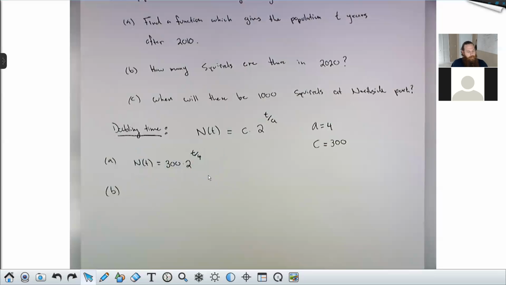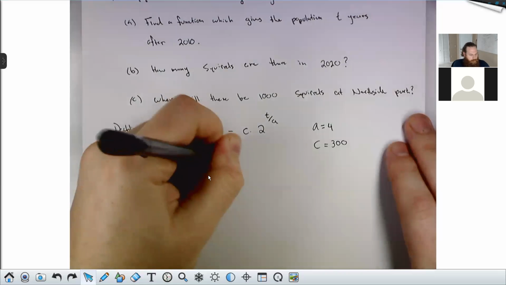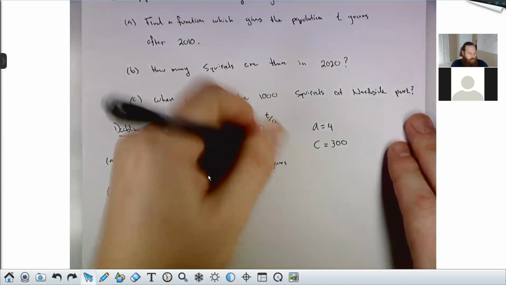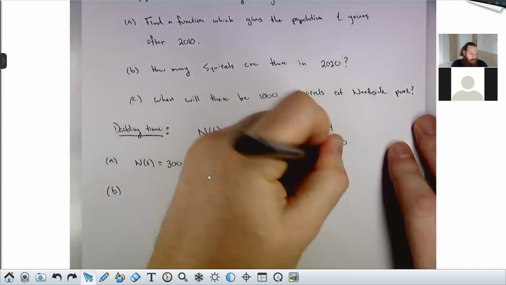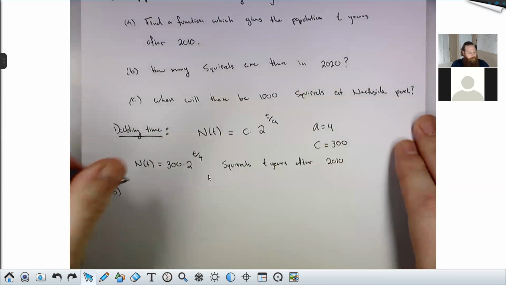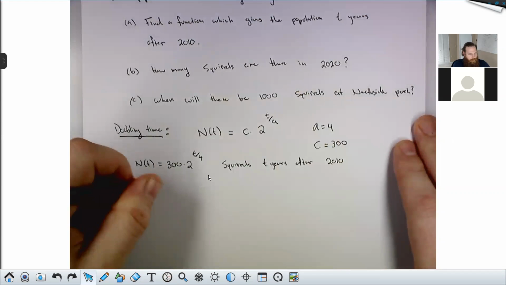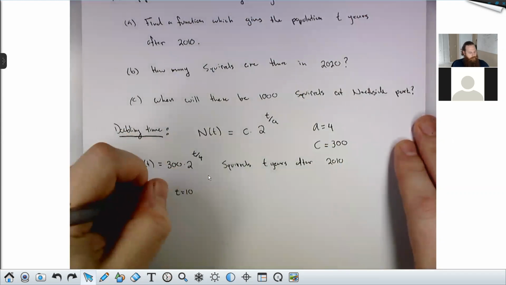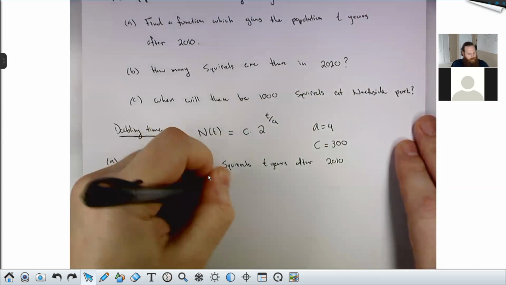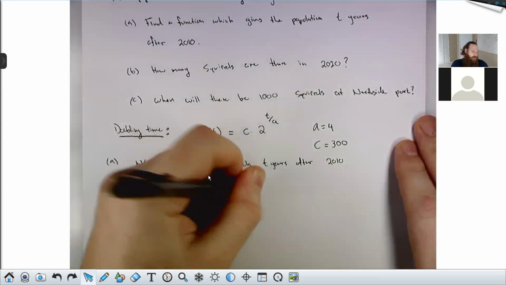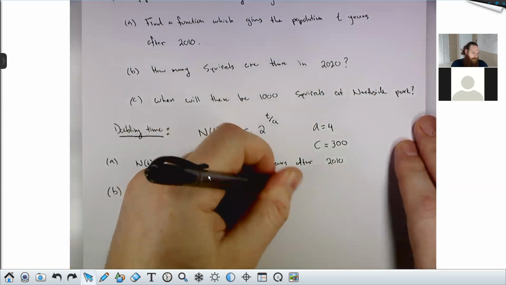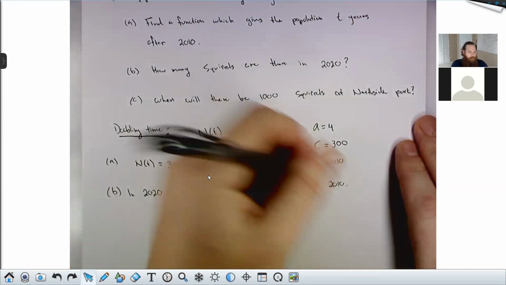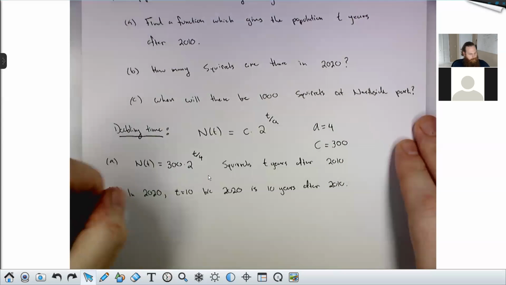Remember, this function is the population, the number of squirrels, t years after 2010. So in 2020, t is equal to 10, because 2020 is 10 years after 2010.